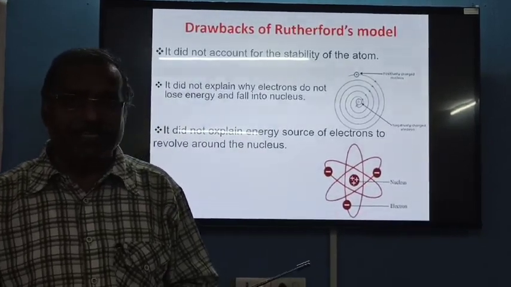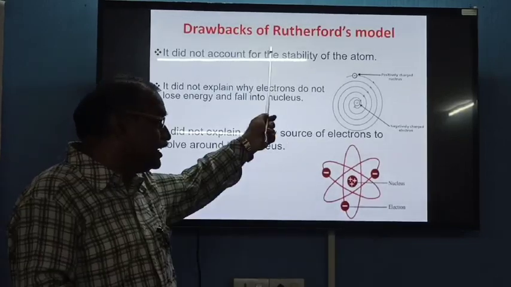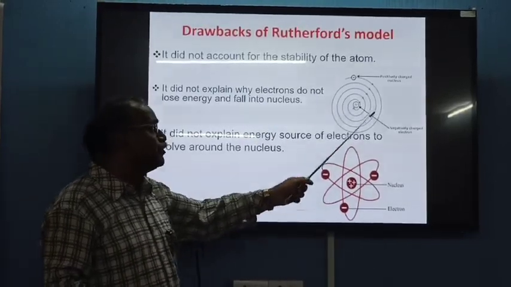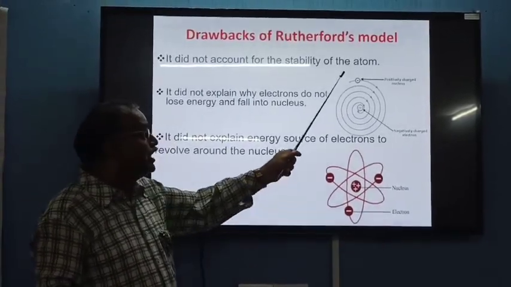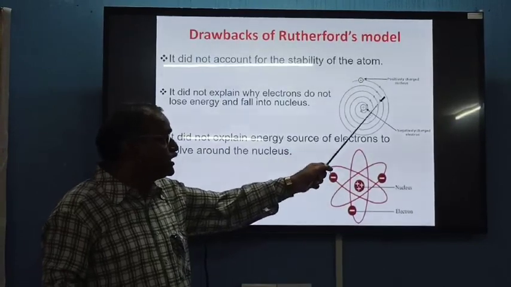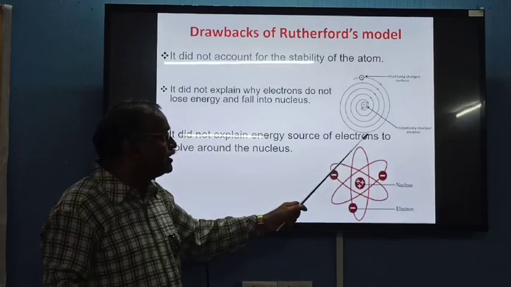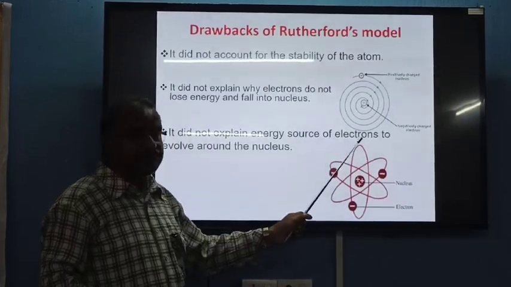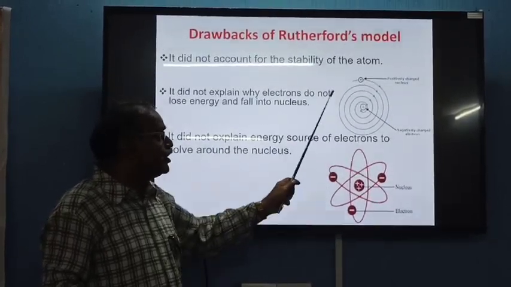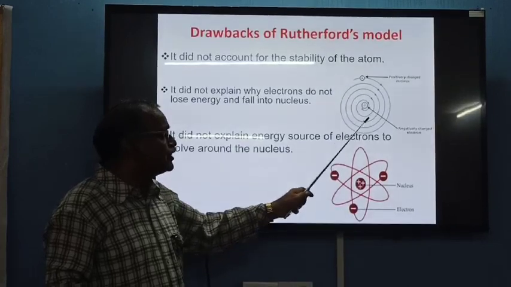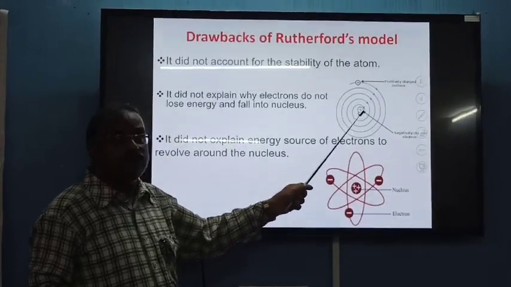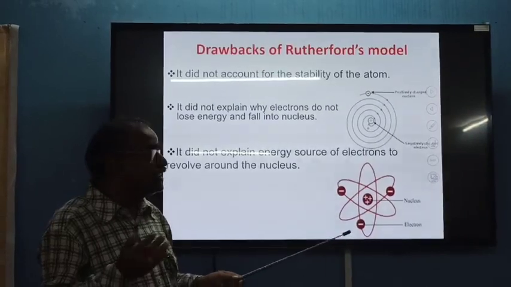They are not getting destroyed on their own. But this theory shows that the atom should be destroyed, because negatively charged particles will get accelerated and their path will shrink. Originally it should be a circular shape, but slowly the path will shrink and at last it should fall into the nucleus where the atom should be destroyed, but it is not happening.